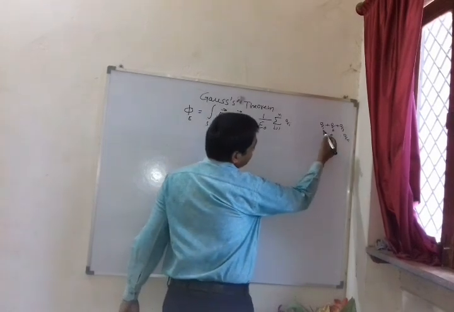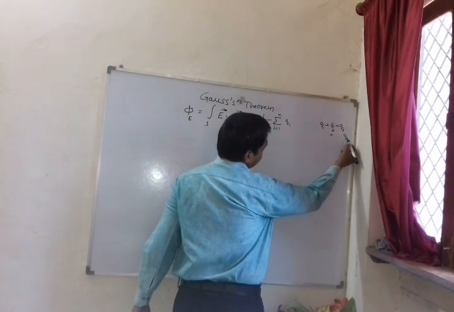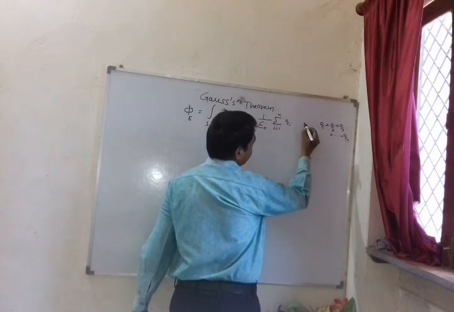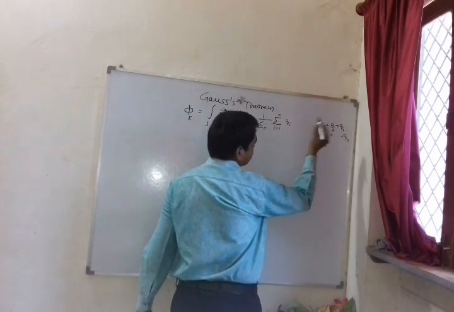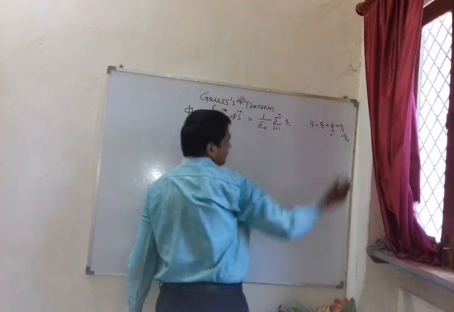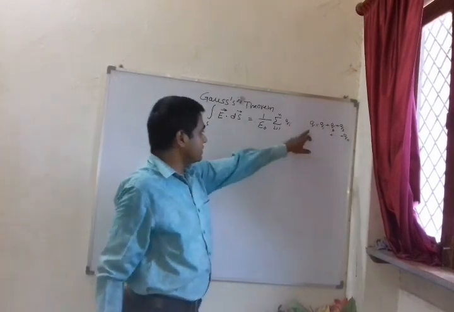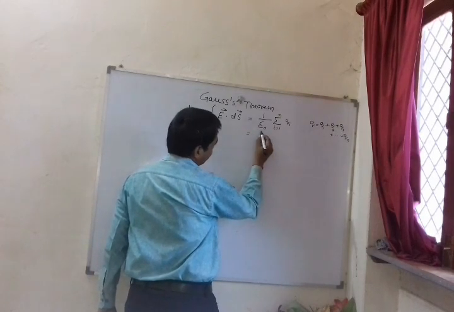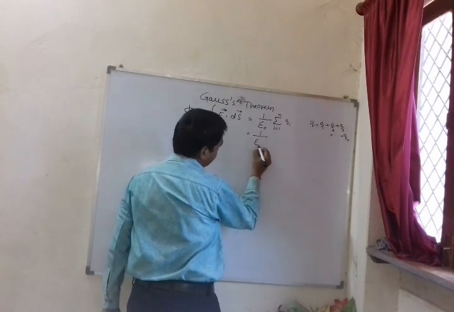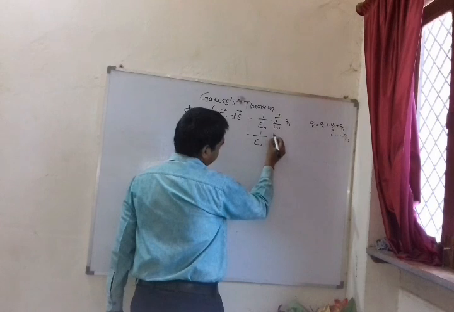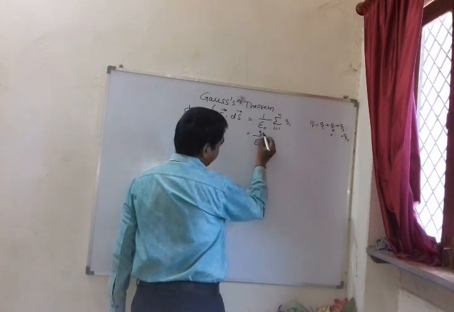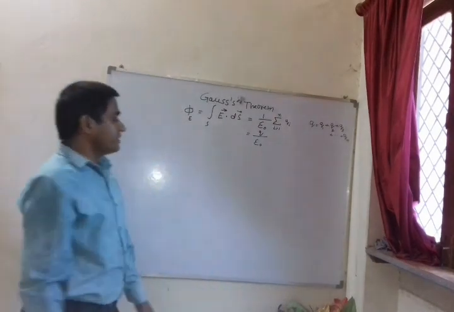This is nothing but the net charge, and sometimes we denote it by q. So q is net charge. This can also be written as 1 upon epsilon naught into q, or simply q upon epsilon naught.